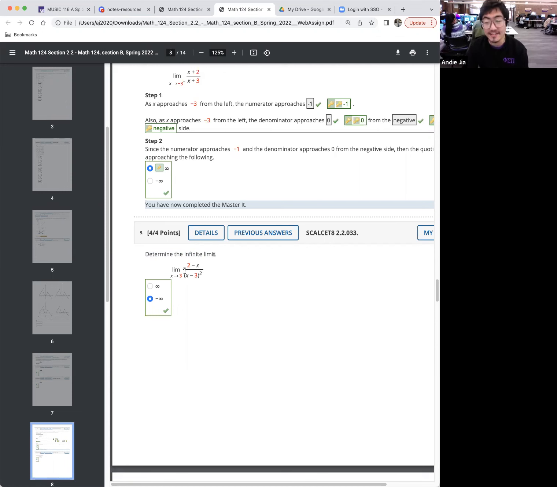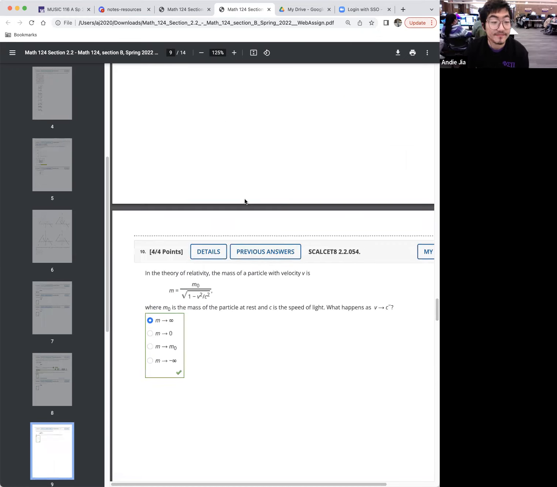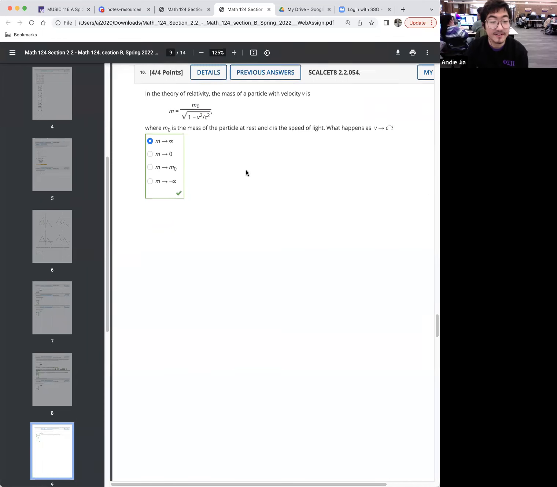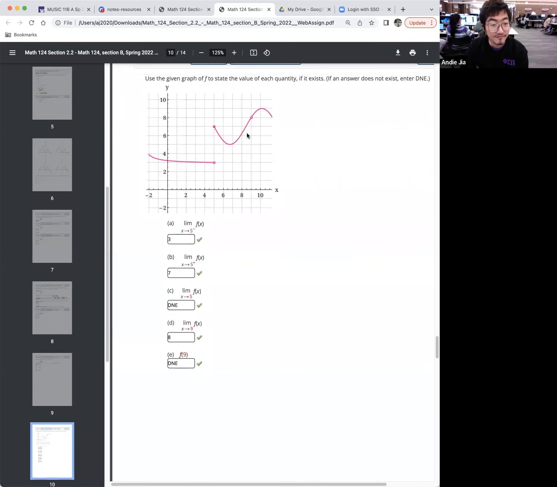For infinite limits, you will learn it in section 2.6, which is about horizontal asymptotes. But here, it's the same thing. Just read the graph.